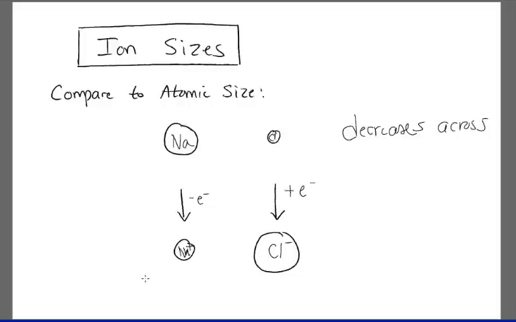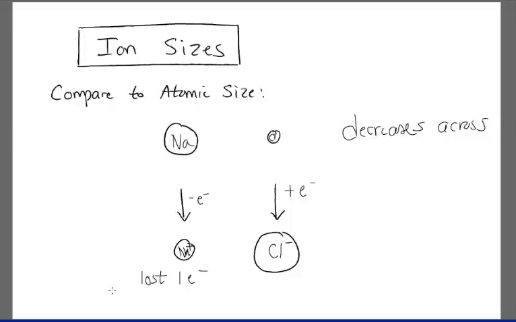The sodium lost one electron, and the way we talk about it is that the effective nuclear charge has now increased for the remaining electrons, because they each feel the pull of the protons in the nucleus more.